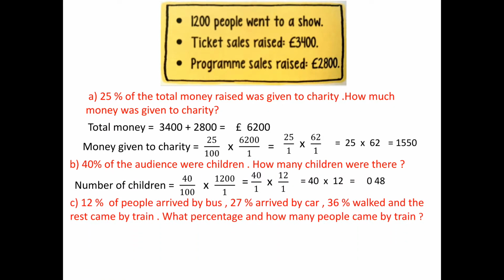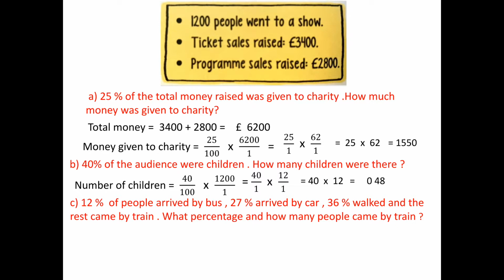Another question. 12% of people arrived by bus, 27% arrived by car, 36% walked, and the rest came by train. What percentage and how many people came by train? Take care, here you have two questions: the percentage of people who came by train and the number of people who came by train. Take care of something. The total is always equal to 100%.